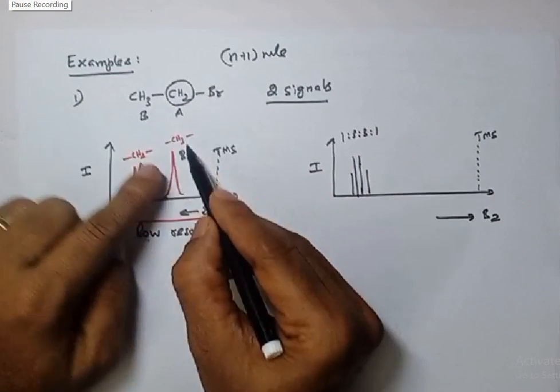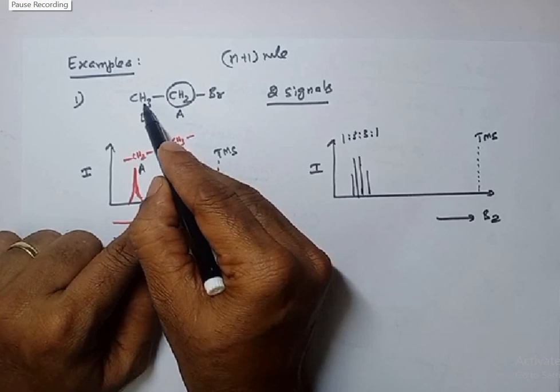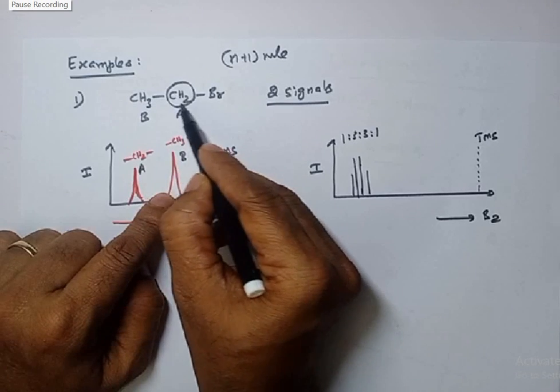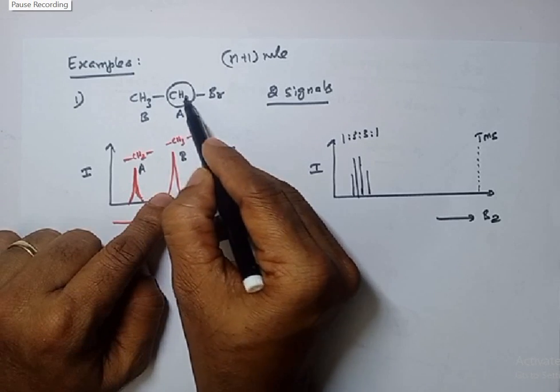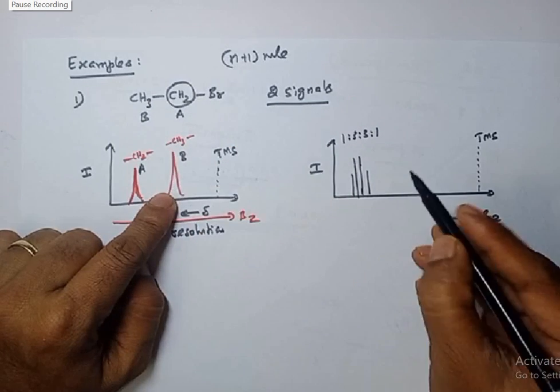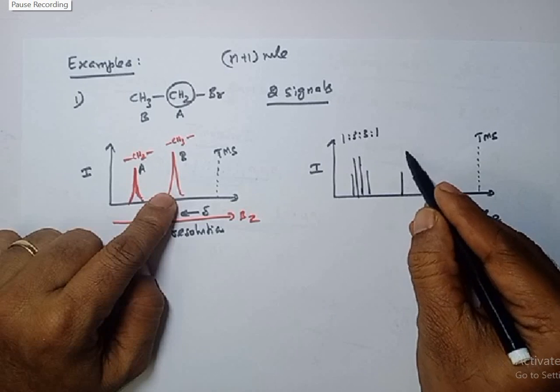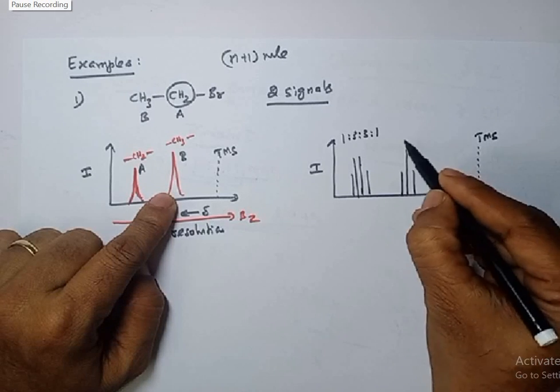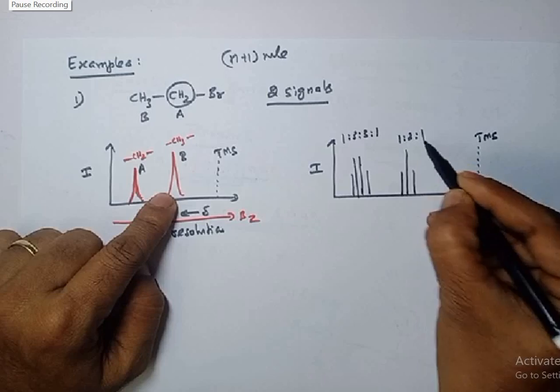For CH3 proton, we get one signal, and that signal is split by CH2 protons. I have 2 hydrogen here, so 2 + 1 is 3. So the B proton signal is split into 3. The intensity ratio is 1:2:1.